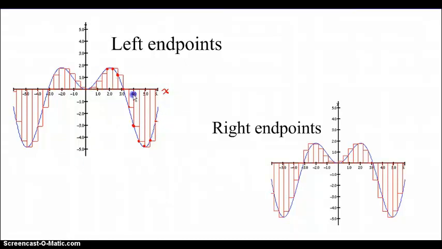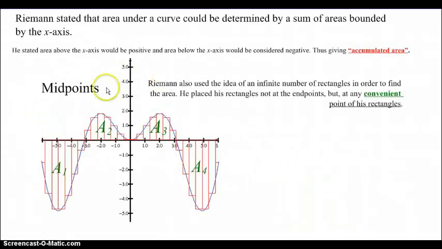We can find the entire area trapped in between a curve and its horizontal axis, even if the curve goes below the horizontal axis. So additionally, we had midpoints. Here you can see that the heights of these rectangles come from the midpoints of the intervals that are the widths along the x-axis.